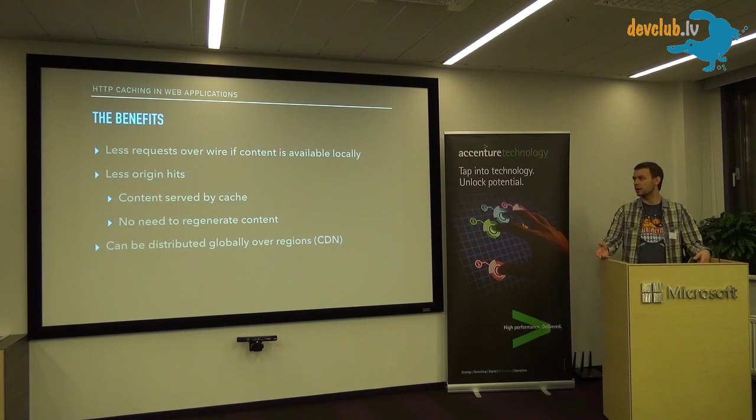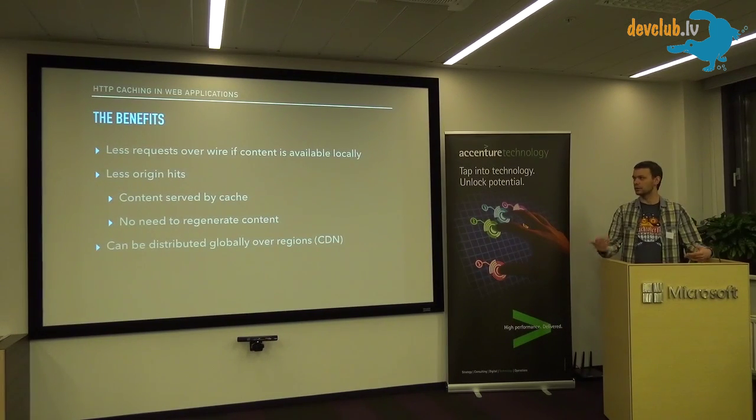It also means that there are fewer origin hits, which in turn means that content is served by cache, and there's no need to generate the content. So you don't need to spend time or resources generating it. This becomes important if you're dealing with huge traffic.